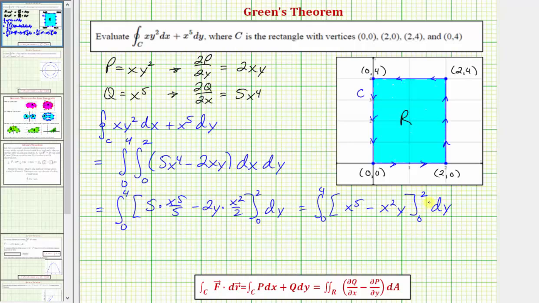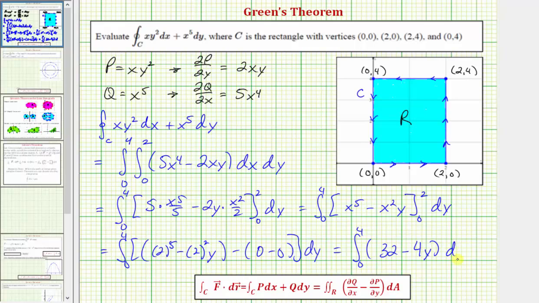Now we perform substitution for x to find big F of b minus big F of a. So when x is 2, we'd have 2 to the fifth minus 2 squared times y minus, notice both terms contain at least one factor of x, so we'd have 0 minus 0. Simplifying, we have the integral from 0 to 4 of 32 minus 4y, dy.